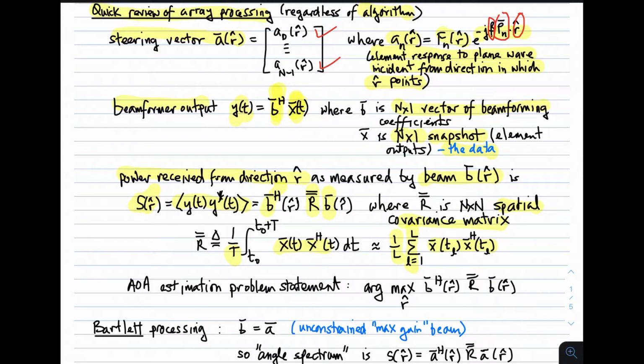From this we can write the angle of arrival estimation problem statement, which again is true for any algorithm, is that we're looking for the direction which maximizes the power output from the beamformer. And that's given by the spatial covariance matrix, left and right multiplied by the beamformer vector in the associated direction.